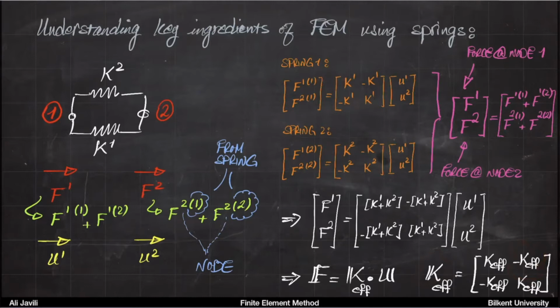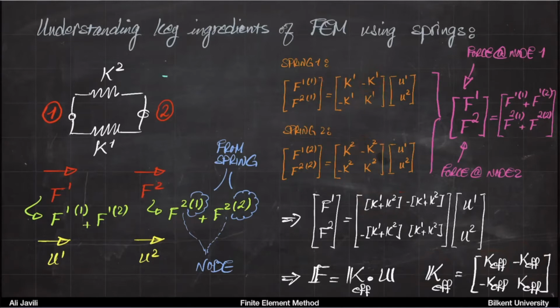And then if you now compare it with any of these, it clearly tells you that K effective is K1 plus K2. So that's what we learned. That's what we just finally have proved together.